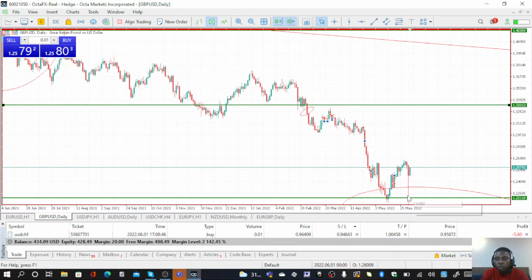Right now, good. So this is another minor resistance level we want to look out for. It would be a good time to buy in two places.